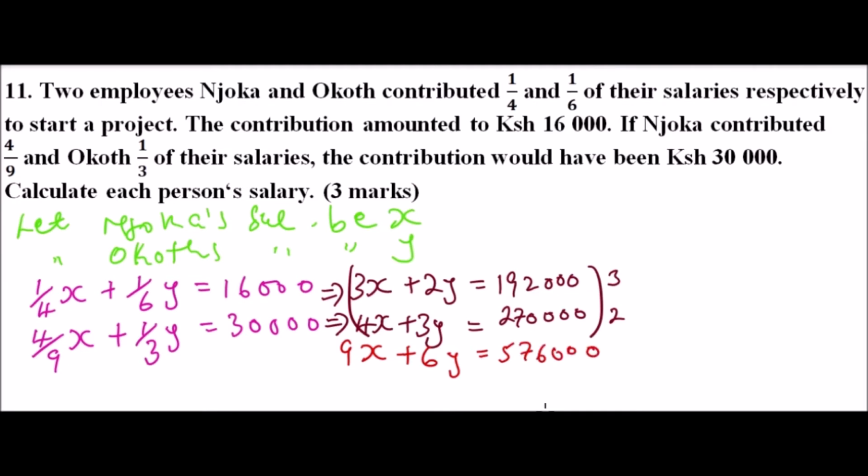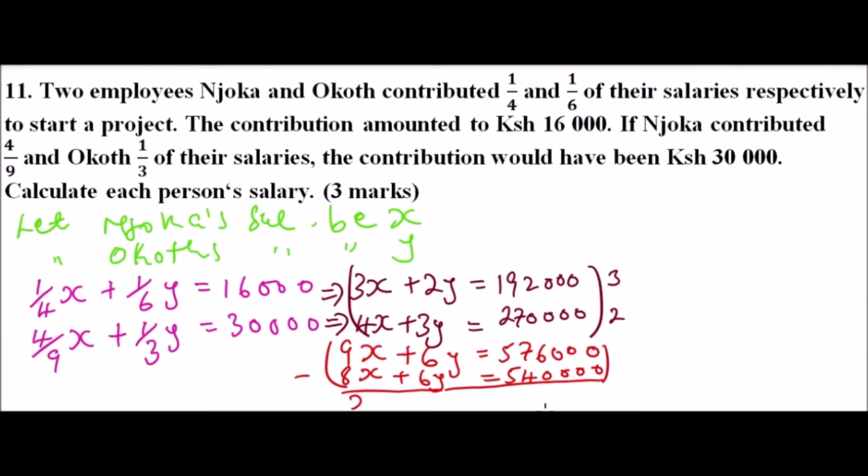Then the other one, you multiply this, will give you 8x plus 6y is equals to 540. You multiply this by 2, 540,000. So you subtract the second equation from the first one.